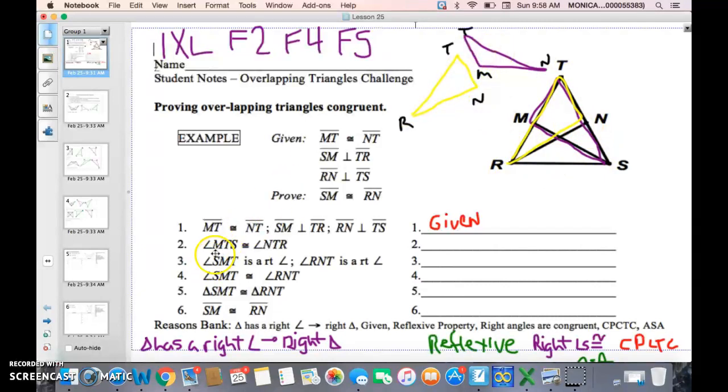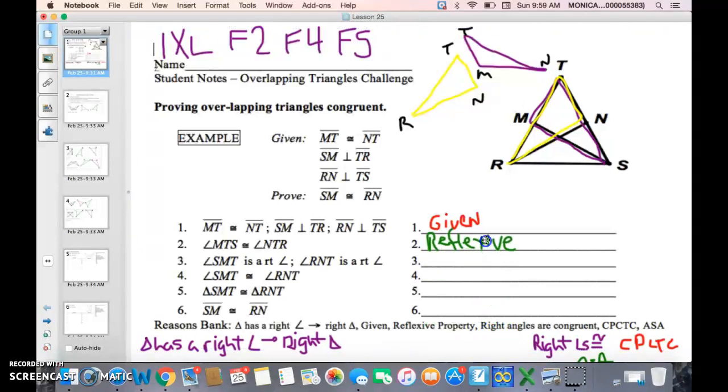And I see that angle MTS is congruent to NTR. I can see that that angle of interest is this one right here, and they're overlapping. Whenever we've got an overlapping situation, I can say that this is going to be the reflexive property.